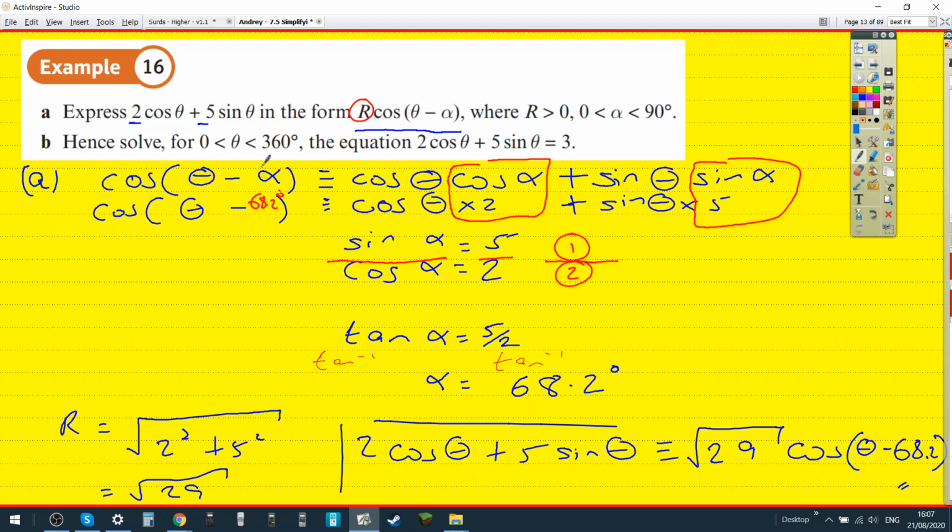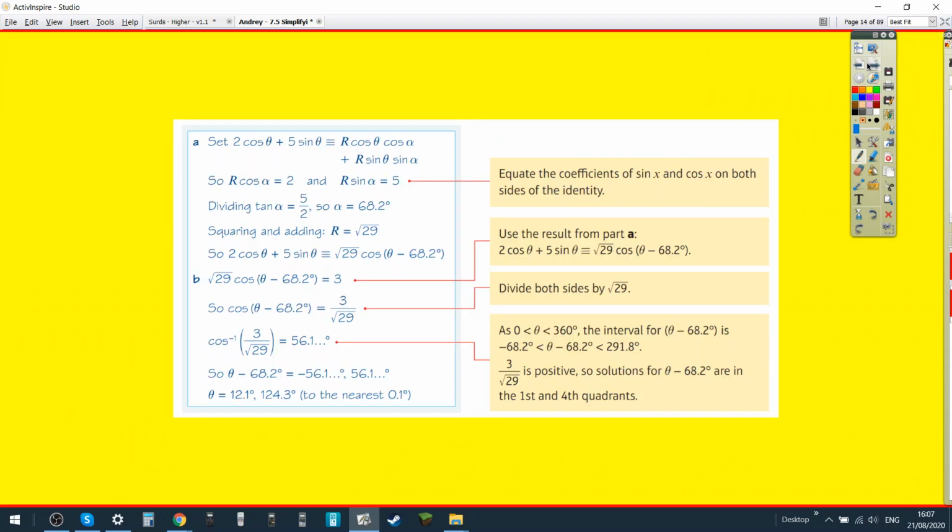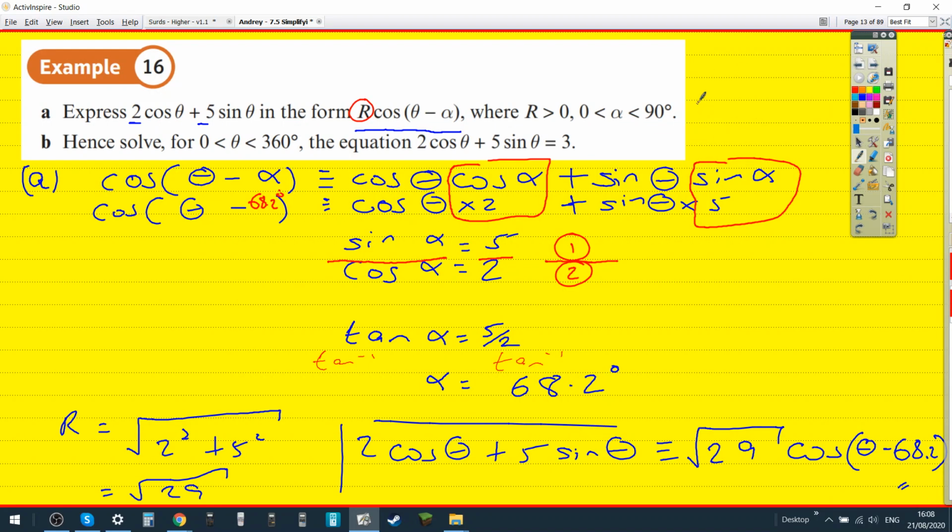So if you expand cos(theta minus alpha) out, you would get this thing. And so you can see how cos alpha must be equal to 2 and sine alpha must be equal to 5. Simultaneously, alpha is 68.2, and then using Pythagoras, r is root 29. Any questions with that? No. Hold on, let me just make sure. Yep, 68.2. Okay, part B.